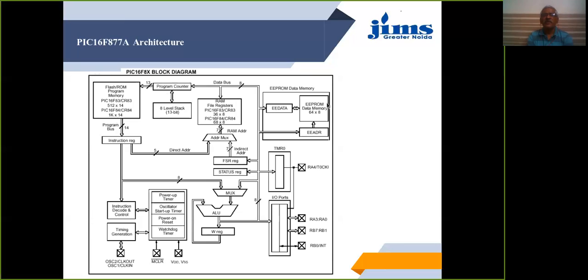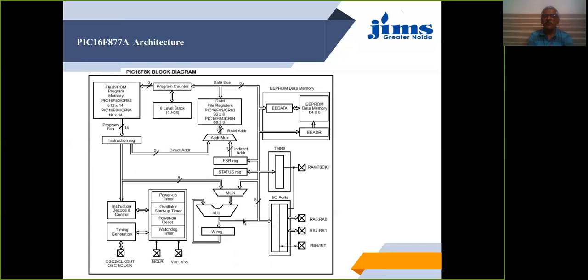Then we have a data memory. The data EEPROM size is 64 bytes, so there is a facility that 64 bytes of data can be permanently stored in the EEPROM. Then you have the instruction register. Instructions from the flash memory are read into the instruction register, which is then decoded, and necessary timing and control signals are generated for performing an operation on the ALU.